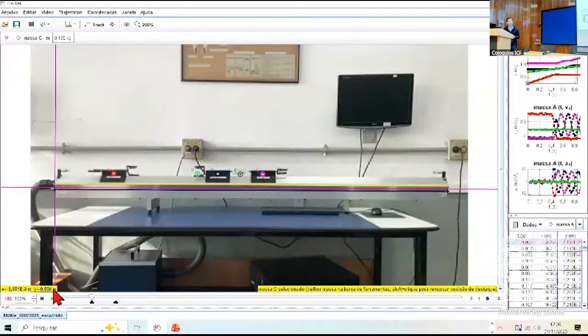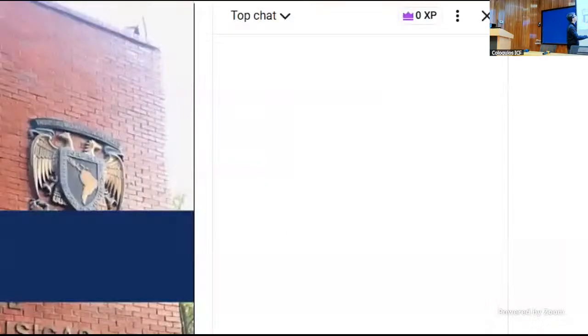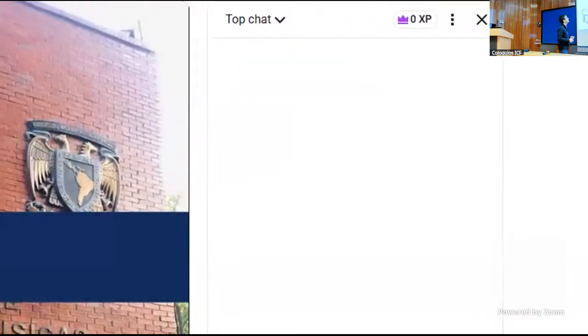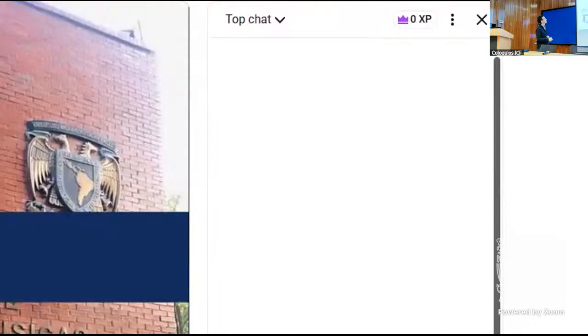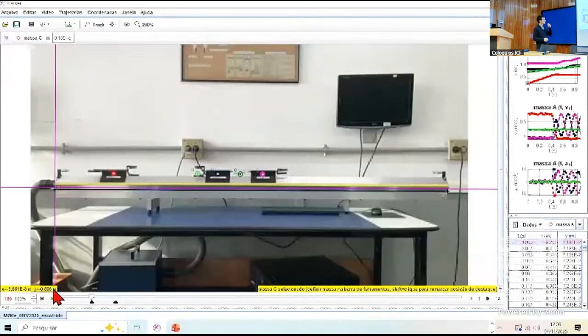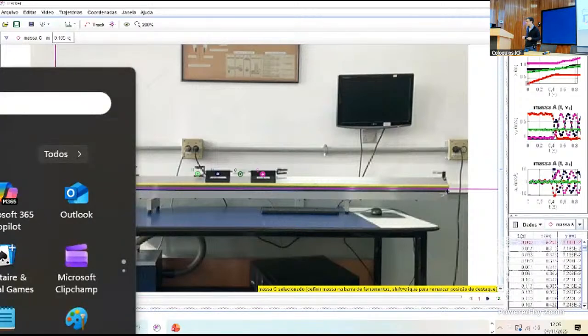They set up these 2 blocks that slide, connected with a light stainless steel spring. Then you have the projectile here, and they film with a cell phone and analyze with the Tracker program, free software, and then interpret what's going on.